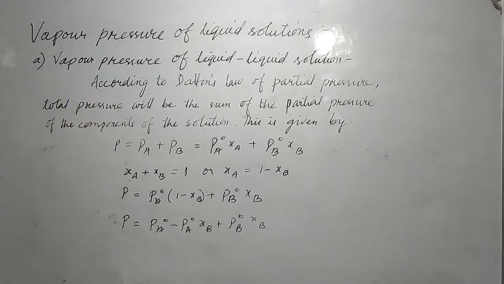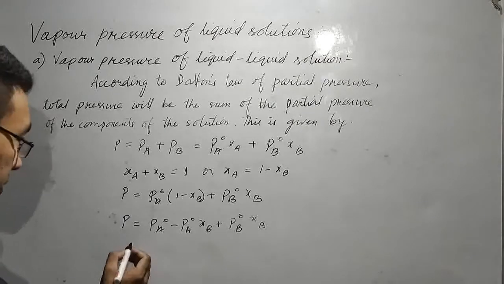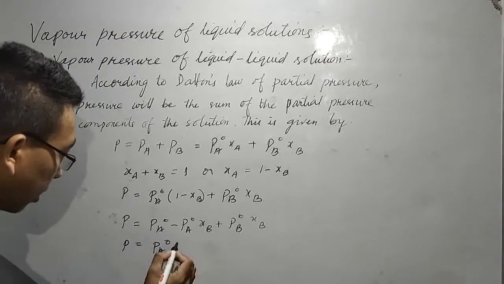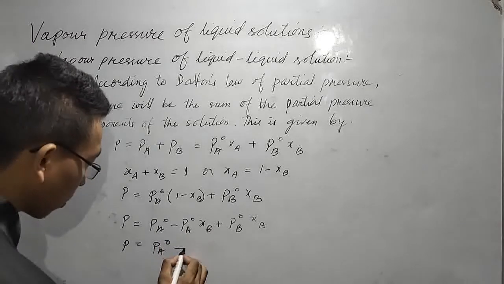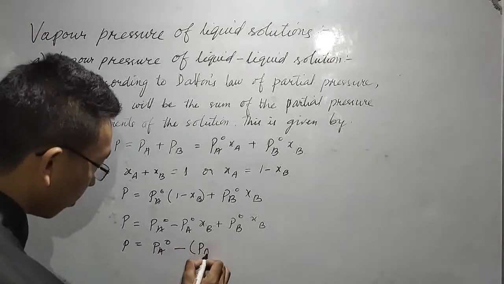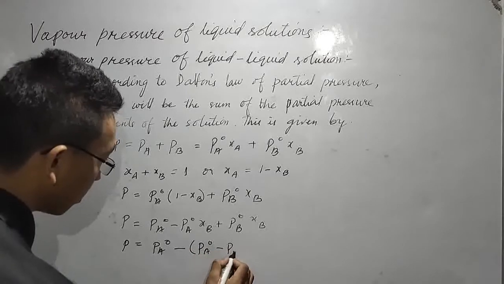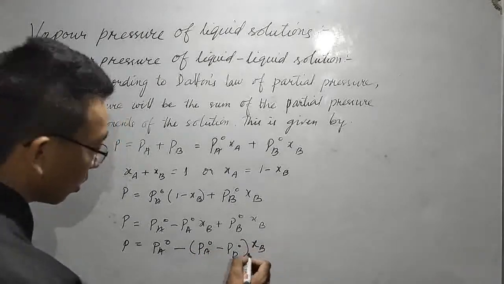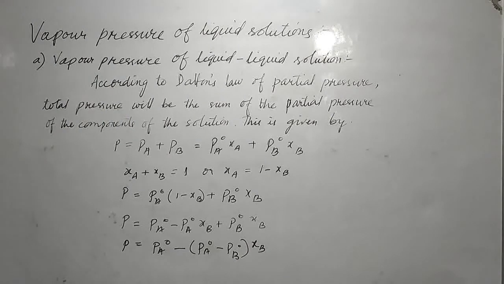This is how we get it. Again, this can also be done like this: P equals PA degree, and you can take XB out common, so P equals PA degree plus (PB degree minus PA degree) XB. This is how we can do it.